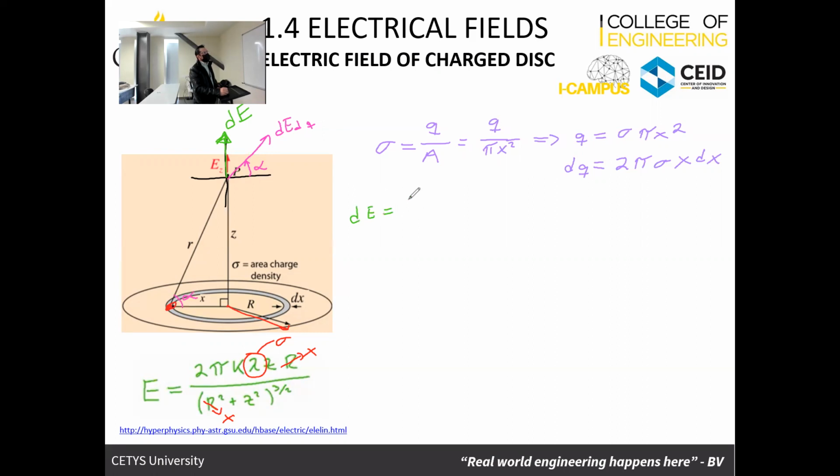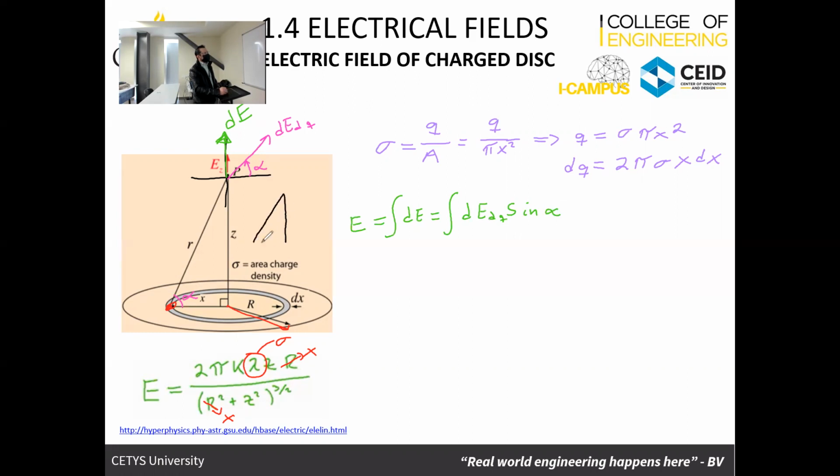Let's do it with the integral. The electrical field is gonna be the integral of all of the dE's. And we know that dE is gonna be the dE dQ multiplied by the sine of alpha. The procedure is exactly the same way we've done it before.